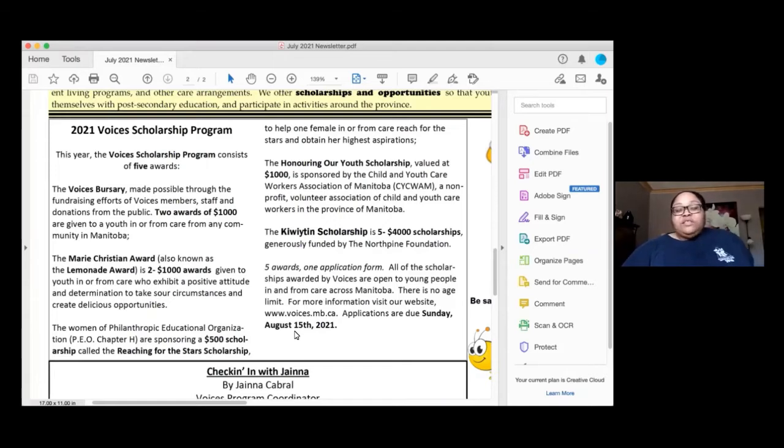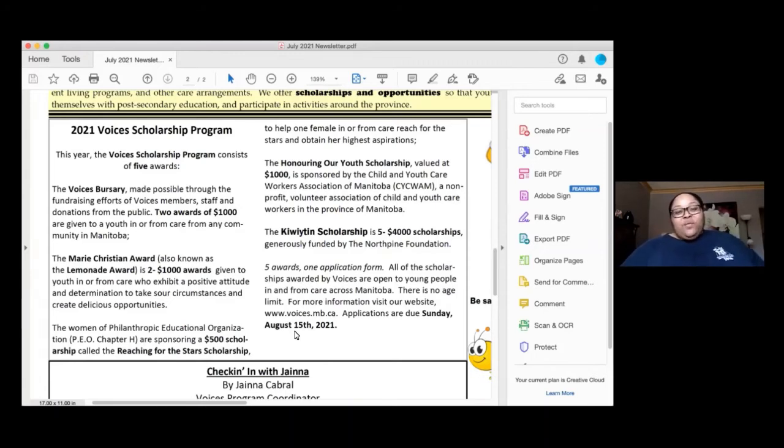We have the Voices Bursary, which is funded by Voices members. When we do fundraising, when we sell those hot dogs, when young people come back and say, here's a jar full of pennies, that's where that goes. So that's 2 awards of $1,000. We have the Lemonade Award. Remember, I told you guys that story of when I graduated and what the teacher said.